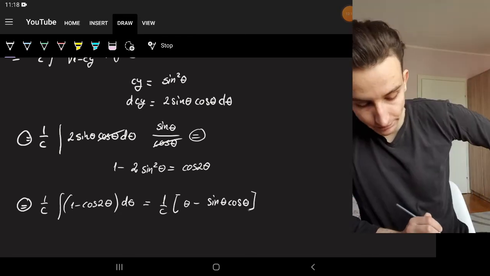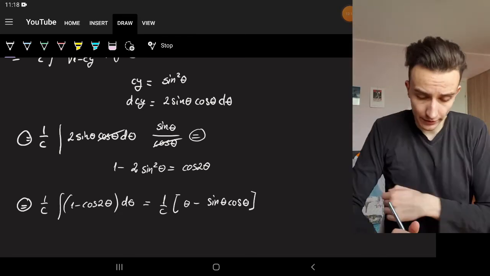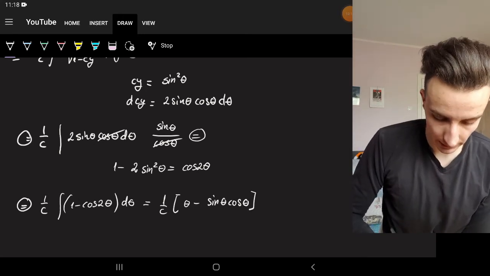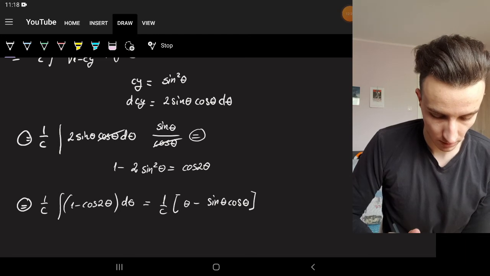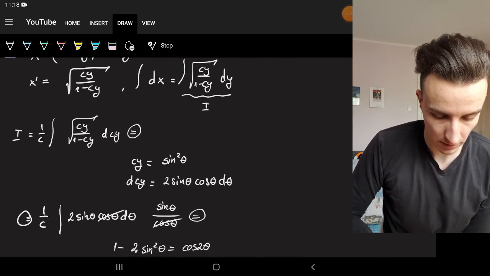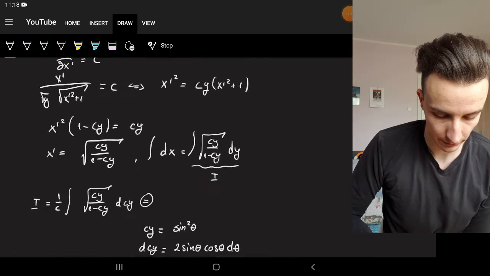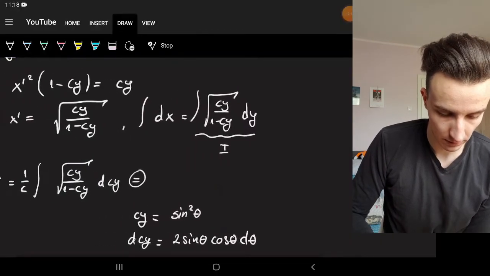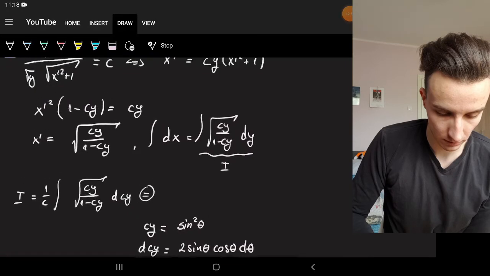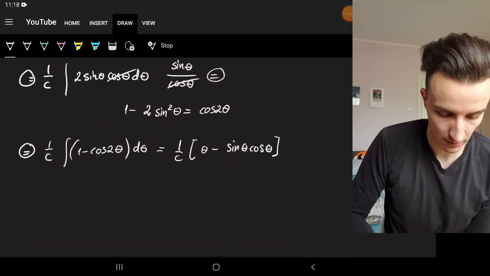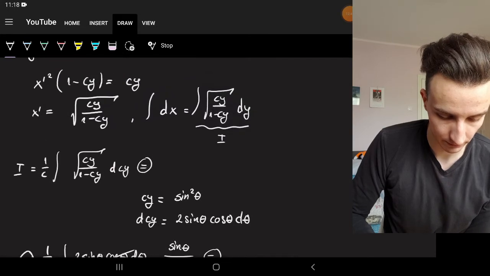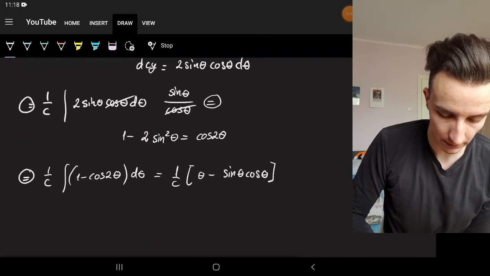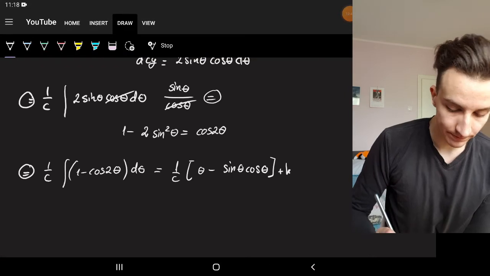Okay, there we go. That's the whole thing. So 1 over c, theta minus sine theta cosine theta, and plus some other constant. Guess we don't need it, do we? I guess I could always assume that it doesn't exist. Let's include it for now, and I'll see.